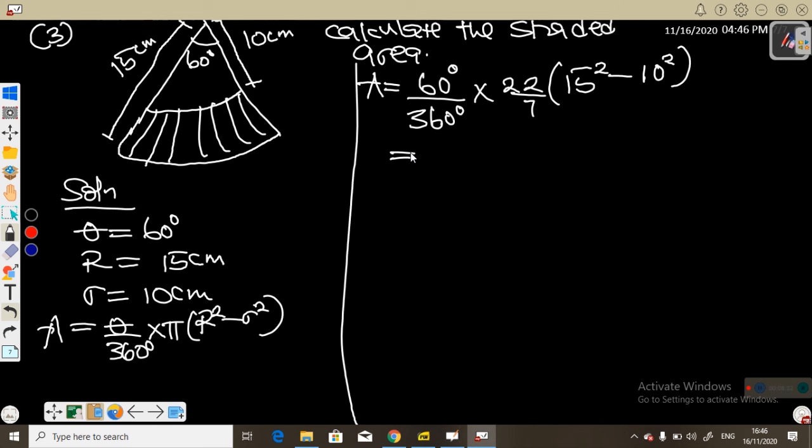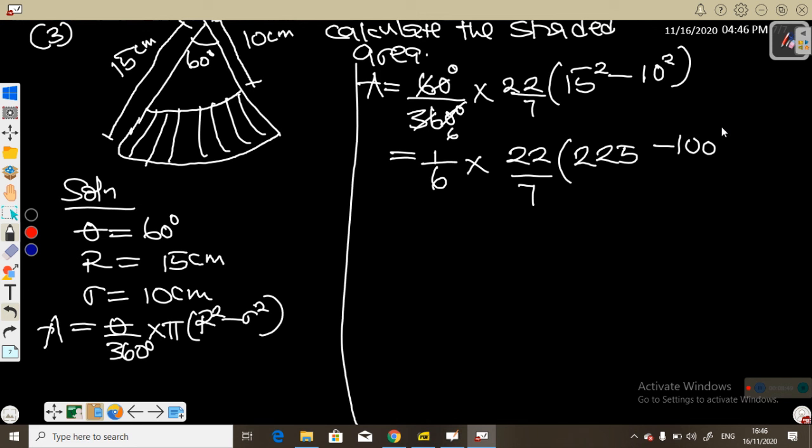The 0 cancels the 0, and 6 over 6 gives us 1 over 6 times 22 over 7 times 225 minus 100. So this will give us 1 over 6 times 22 over 7 times 125.